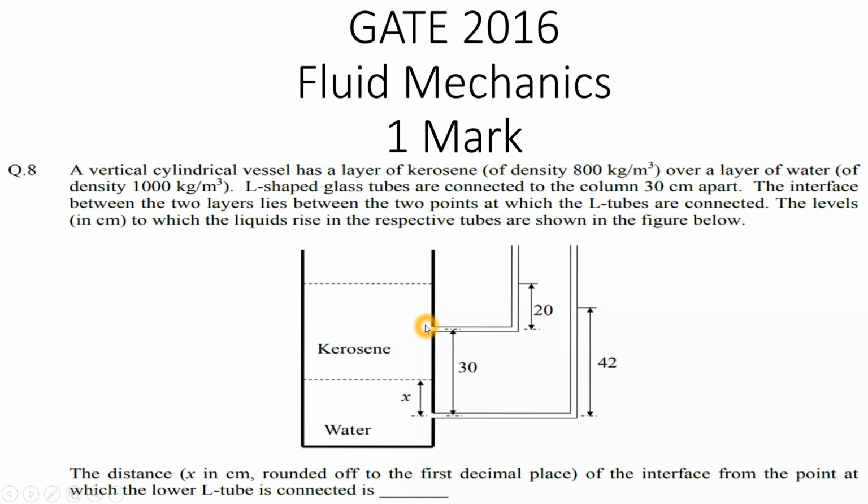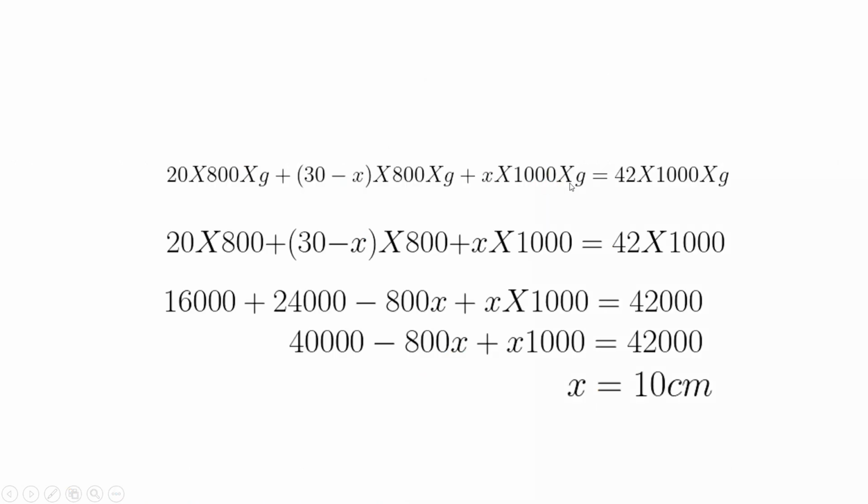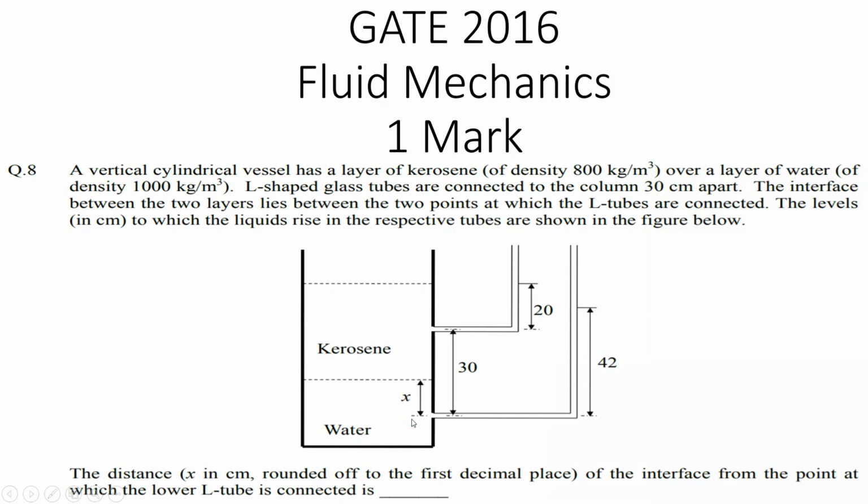So 20 into 800 into g plus 30 minus x into 800 into g. Again this height will be for water, so it will be x into 1000 into g. It is equal to 42 into 1000 into g, right?